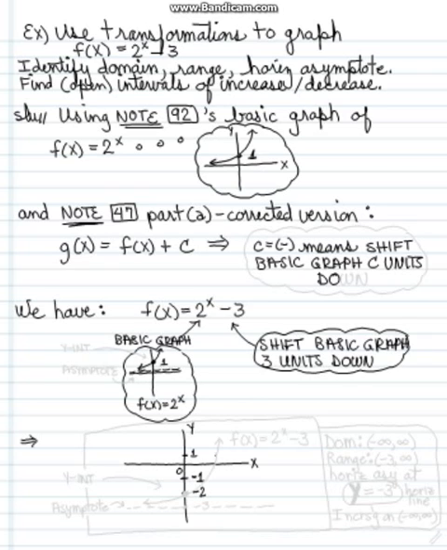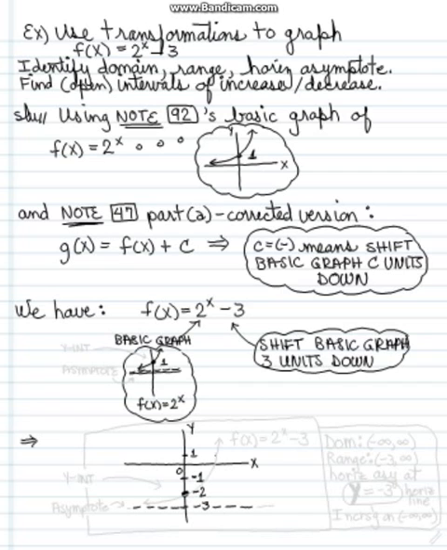So in our problem, we have f of x equals 2 to the x minus 3. That means our basic graph will be 2 to the x, and the negative 3 that's being added at the end means from note 47 that we will shift our basic graph 3 units downward.